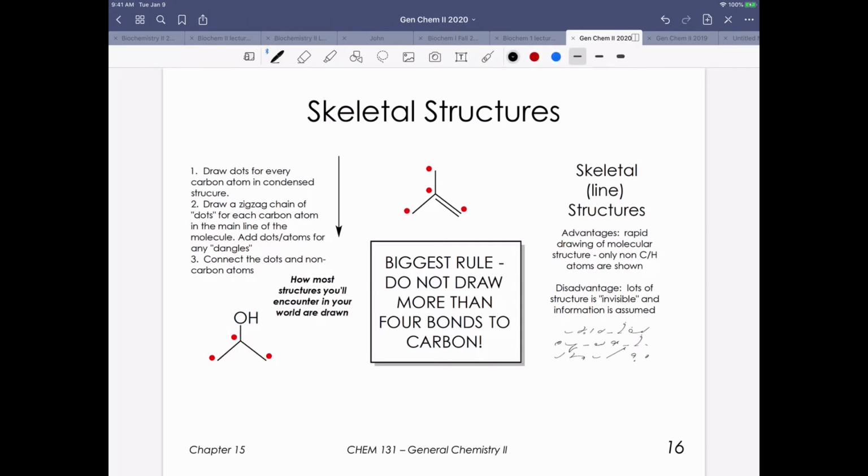And I'm going to highlight here that when we have some of these dangles, if they are heteroatoms, we want to draw these out. So when we see skeletal structures, basically we are not going to see any carbon atoms or any hydrogen atoms unless they are part of a heteroatom. Okay?